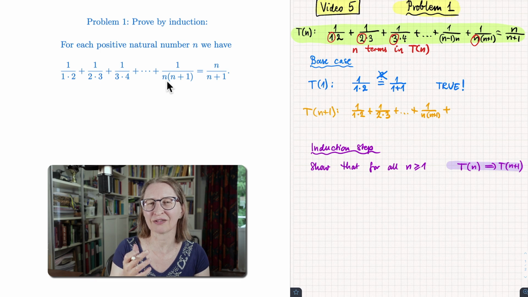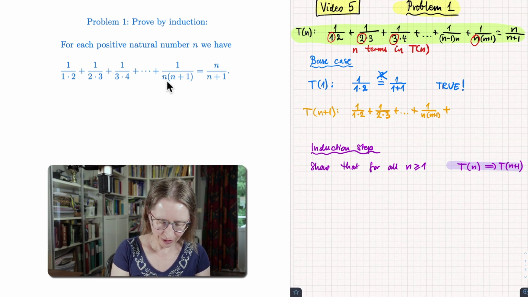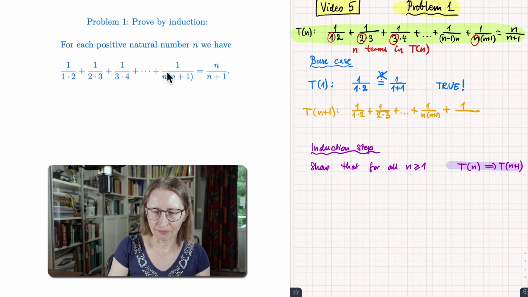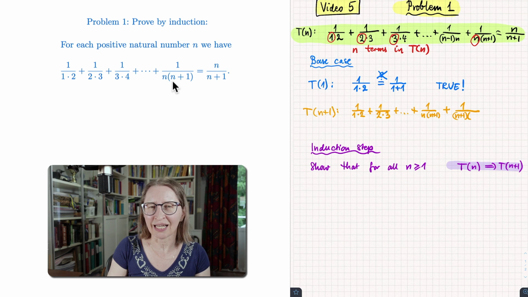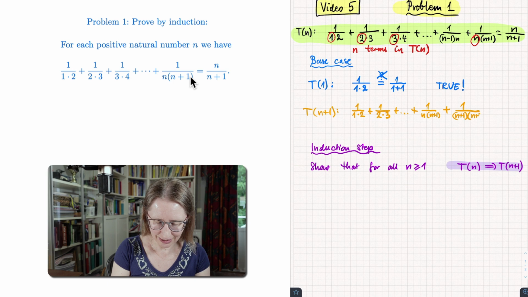Because now we are writing T of n plus 1, and this will be 1 divided by, here instead of n we have to put n plus 1, and instead of n plus 1 will give us n plus 1 plus 1, which will be n plus 2.